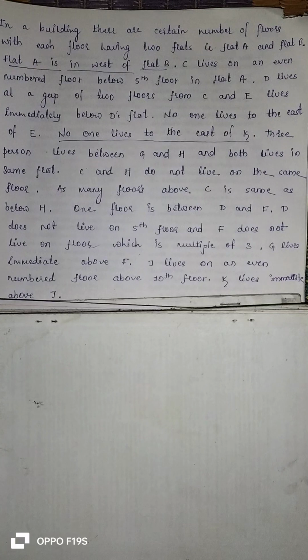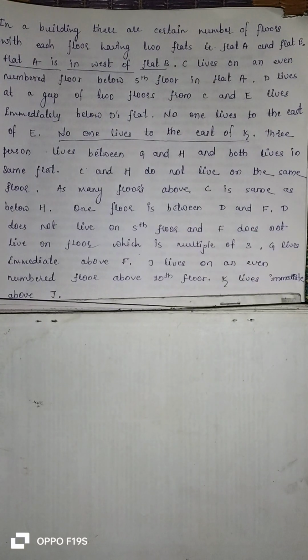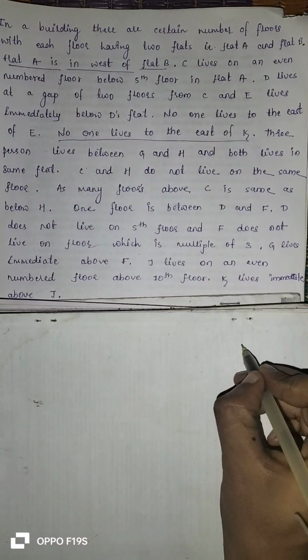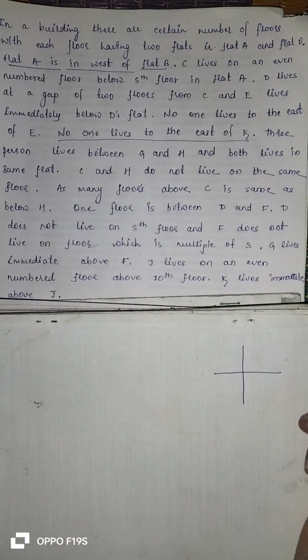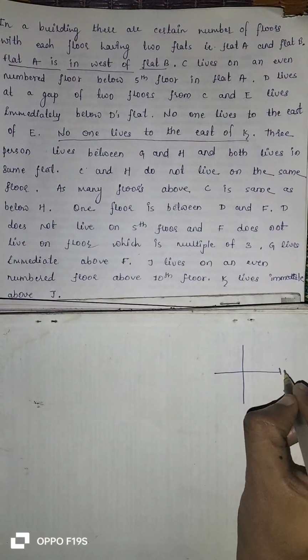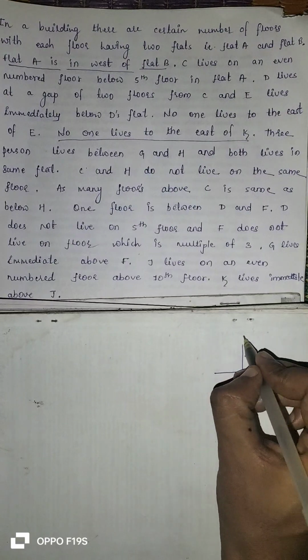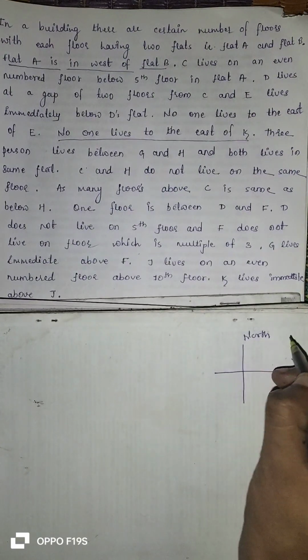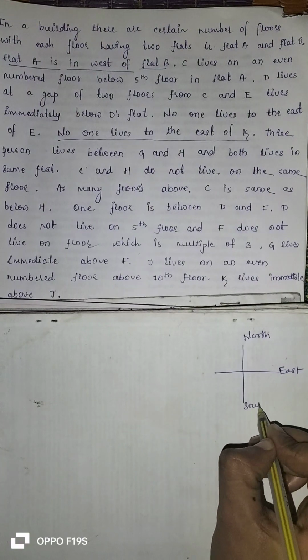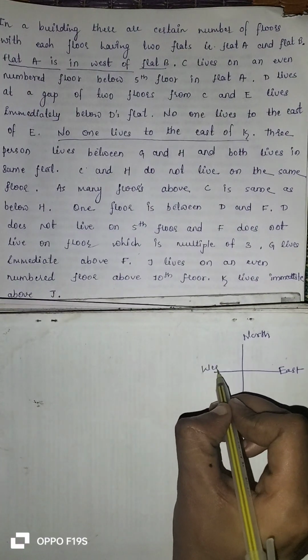See, in a building, there are a certain number of floors with each floor having two flats, that is flat A and flat B, and flat A is in the west of flat B. The number of floors is not fixed, and only two flats are there, flat A and flat B, and flat A is west of flat B. See, in reasoning, whenever we try to solve such a direction problem, we should consider this is the east direction, this is the north direction, opposite to north, that is south, and opposite to east, so west direction.